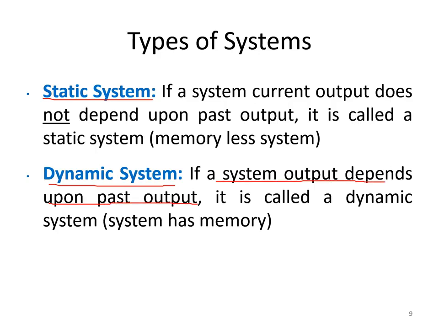And if the system output does not depend upon the past output, it is called a static system. A static system is also known as a memoryless system. So one thing which is implied in this definition is that one can expect the system output to be dependent on the current input. That is fairly obvious.